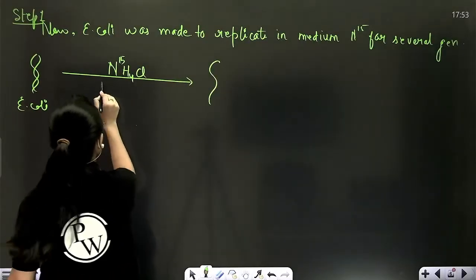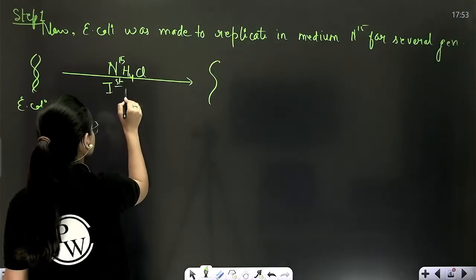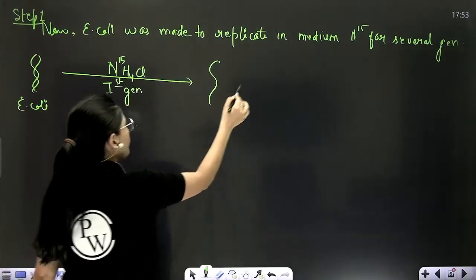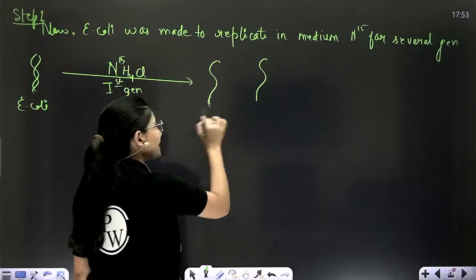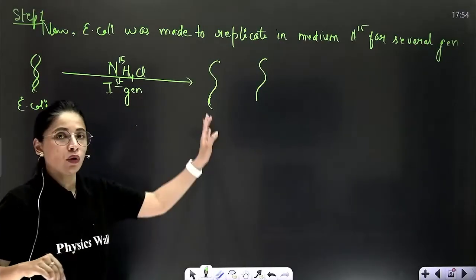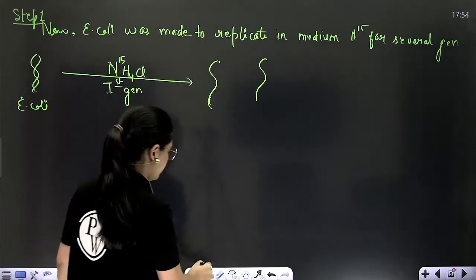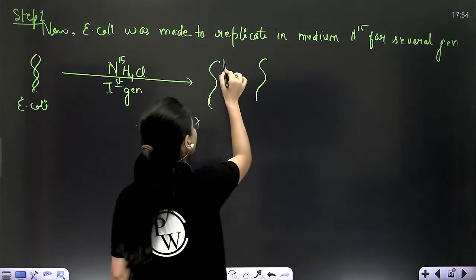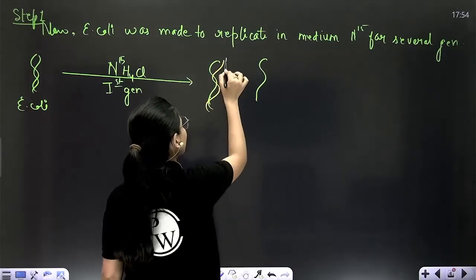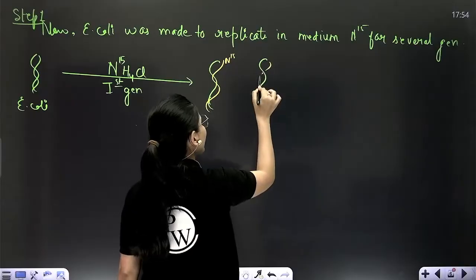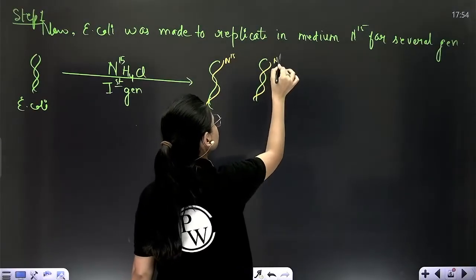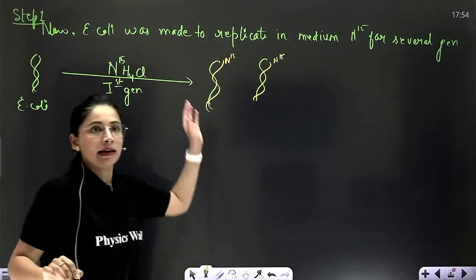For the first generation, both the parental strands will undergo replication. Correct? Now, on each strand, the new DNA strand will be synthesized in which nitrogen will be N15 type. Now, this is first.